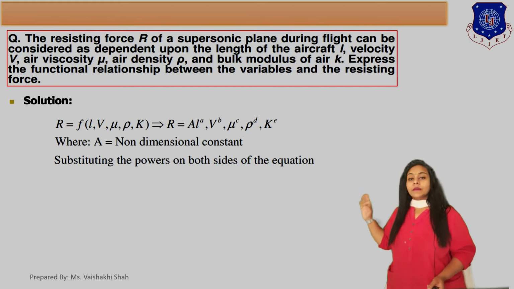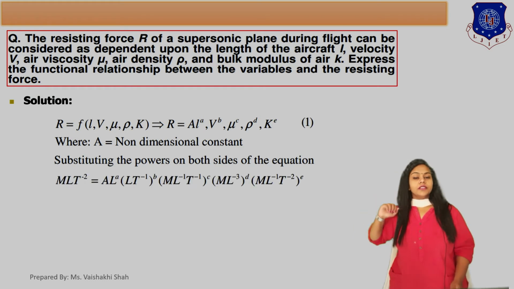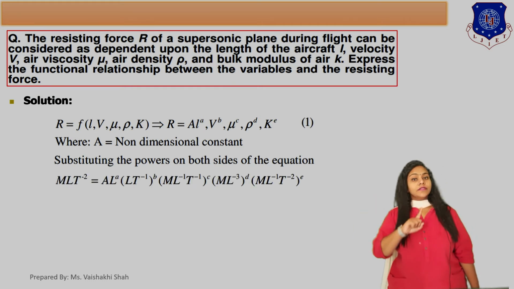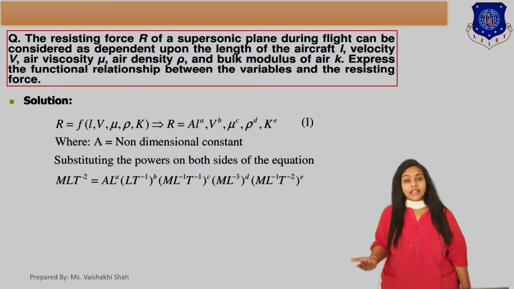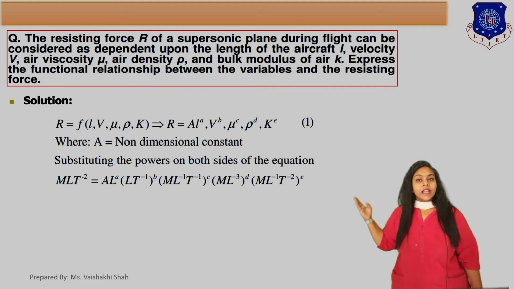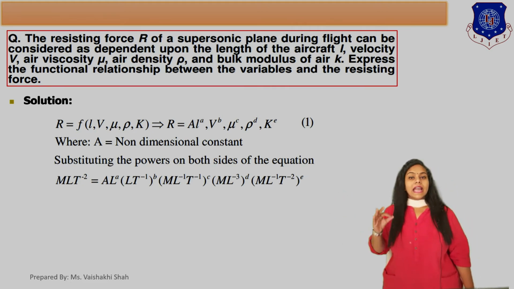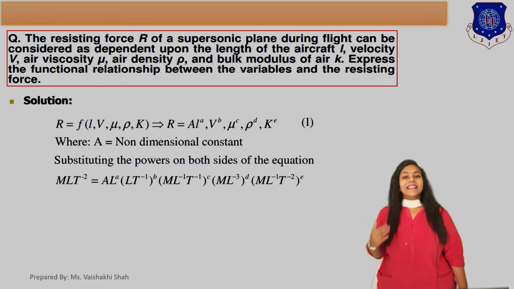So, substituting dimensions on both sides of the equation, as we already discussed the dimensions of different quantities in our last lecture, in form of MLT. M indicates mass, L indicates length or distance, and T indicates time in seconds.